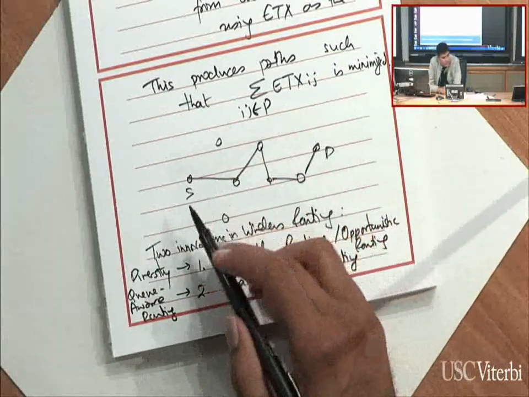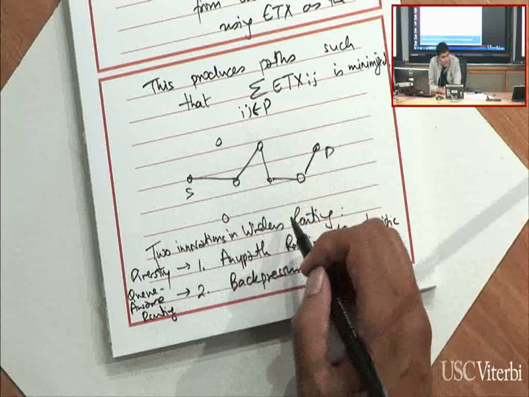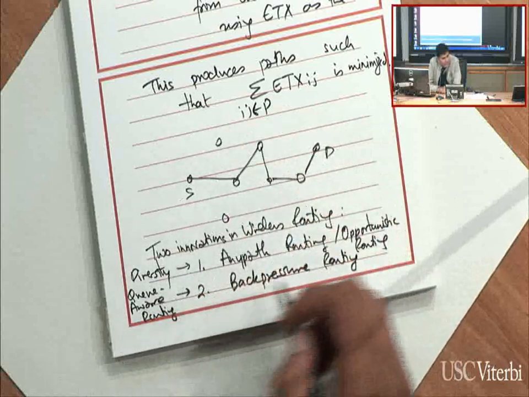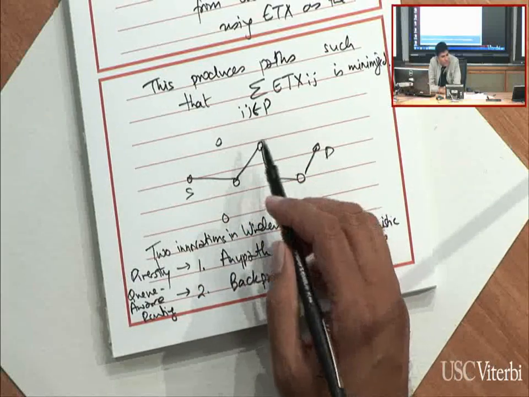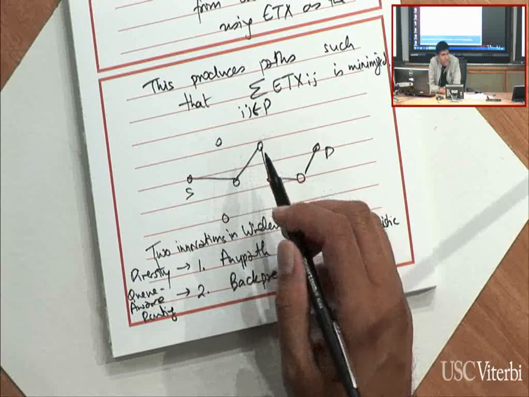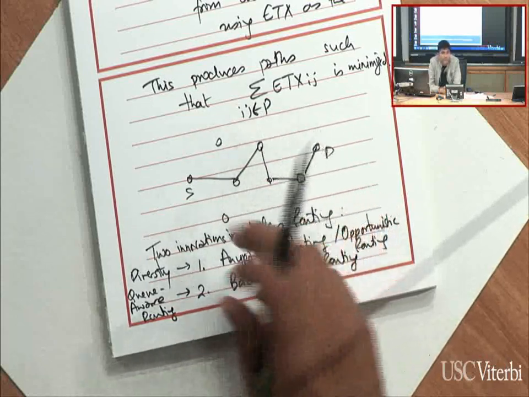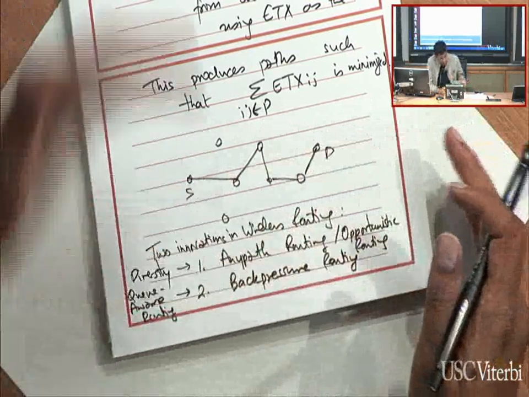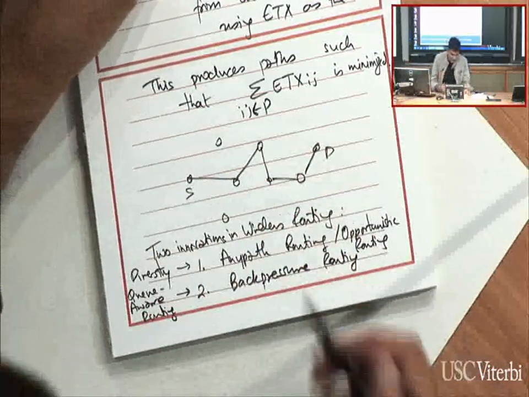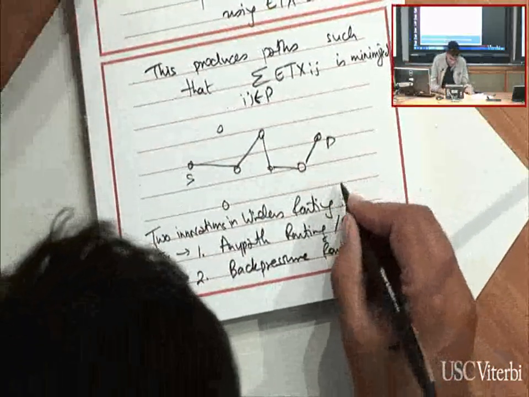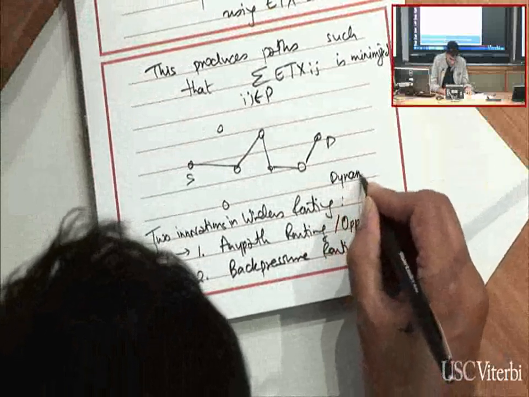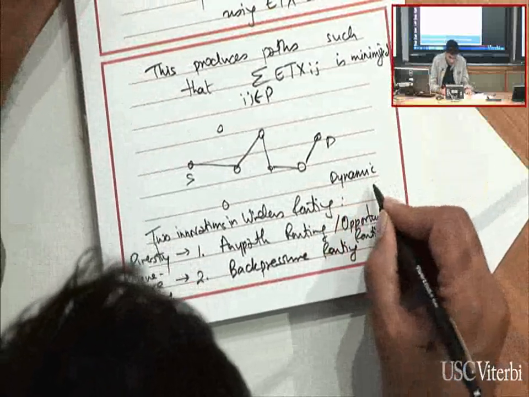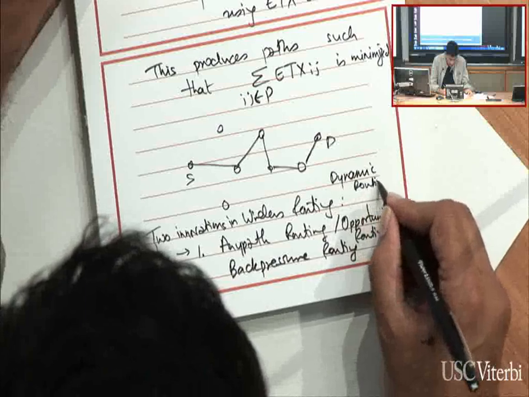In the first case, the route might change because different nodes might get the packet sooner or later. In the second case, the route might change because certain sections of the network might be getting congested and their queue starts to go. So in either case, you sort of modify what route packets can take dynamically. And so both can broadly be thought of as sort of dynamic routing schemes.